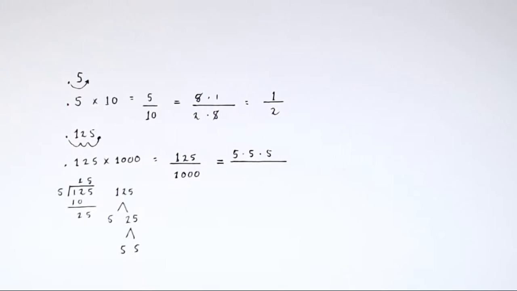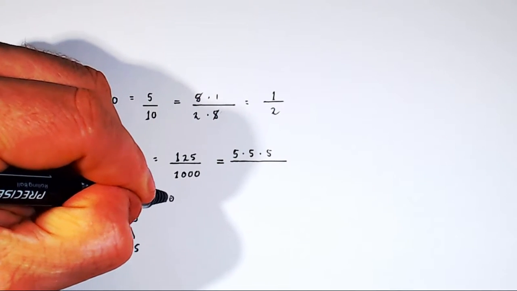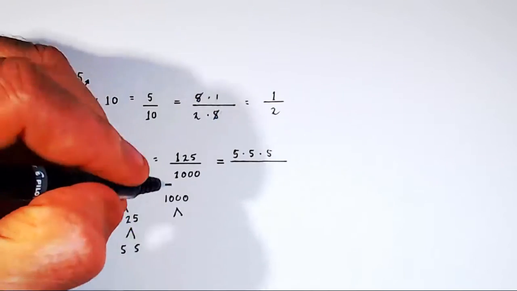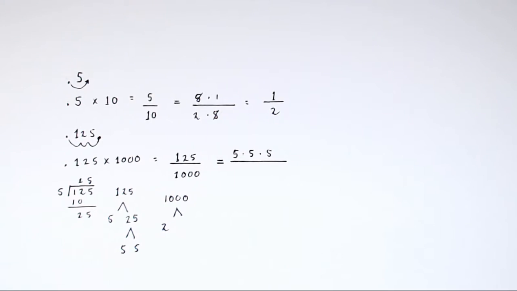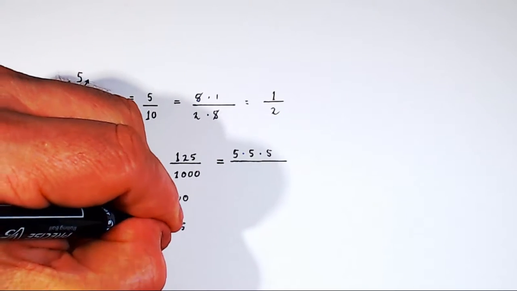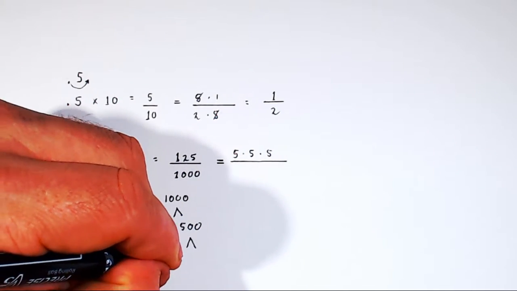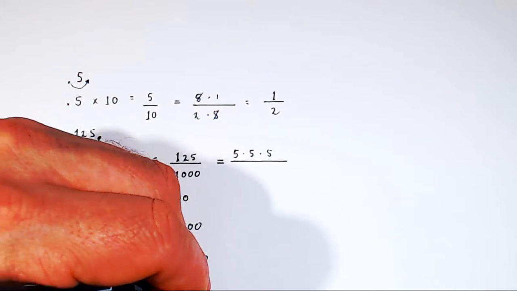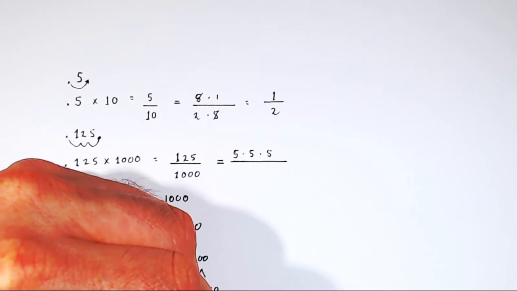Now how about 1,000? Let's break 1,000 down. 1,000 can be rewritten in the tree form as 2 times something. What times 2 equals 1,000? Well, it's 500. 500 can be written as 5 times 100. 100 can be written as 2 times 50. 50 can be written as 5 times 10.